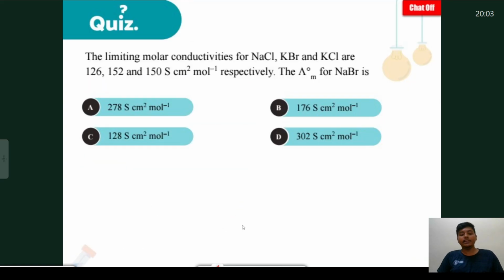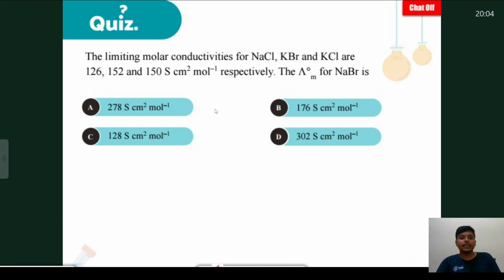Tell. Do it. Let's see. You can do it. Option C. Option C, 120. 128.